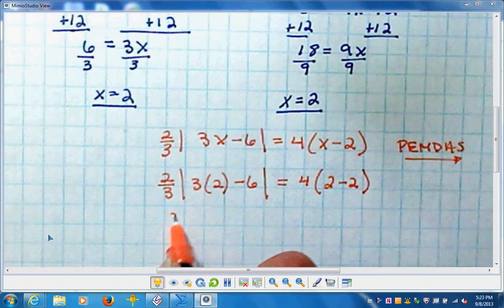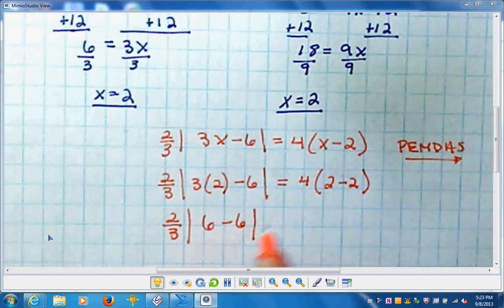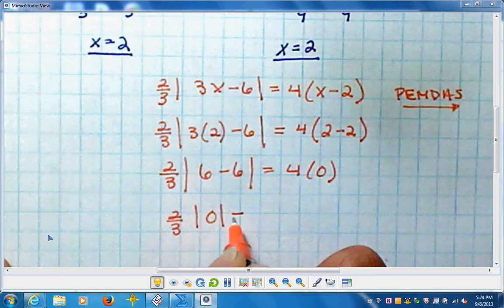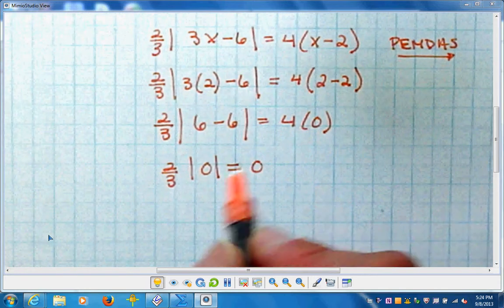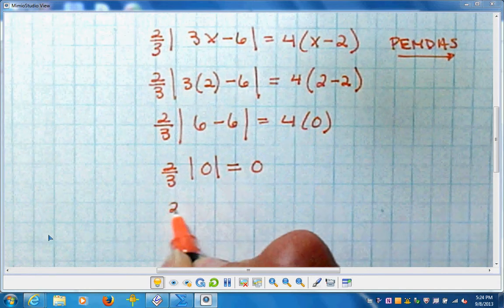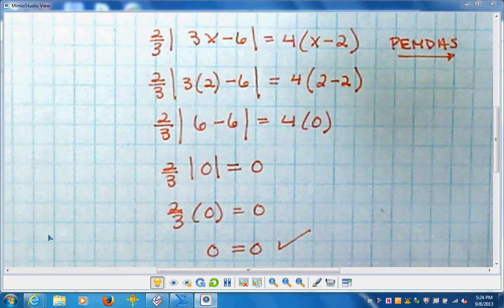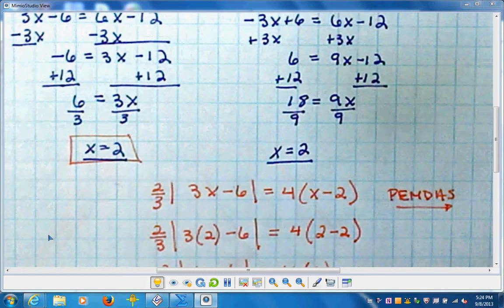So this is going to give me 2/3, the absolute value of 6 minus 6 equals 4 times 0. So that's going to give me 2/3 times the absolute value of 0 equals 0. The absolute value of 0 is 0. So this gives me 2/3 times 0 equals 0. Which gives me 0 equals 0. Okay, so for my answer, I get x equals 2.